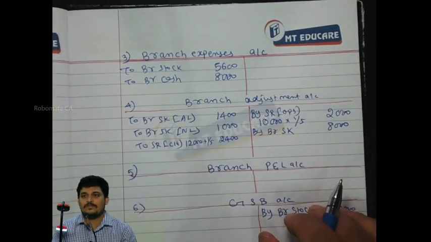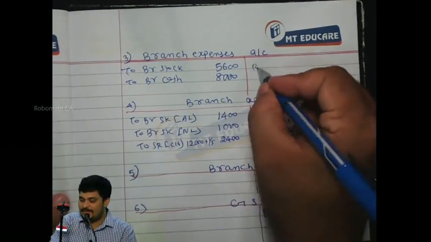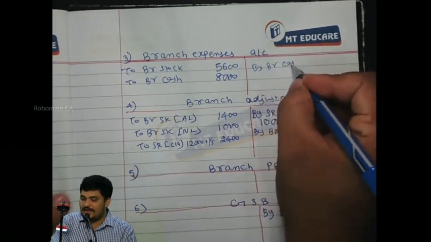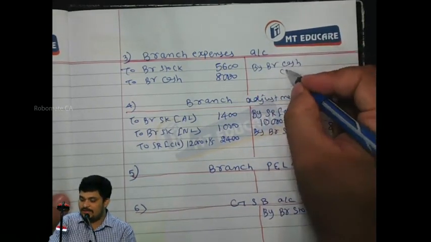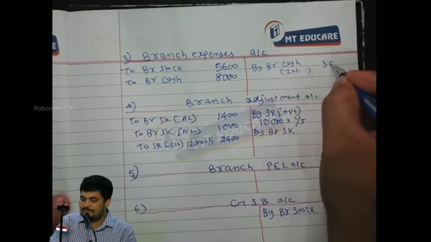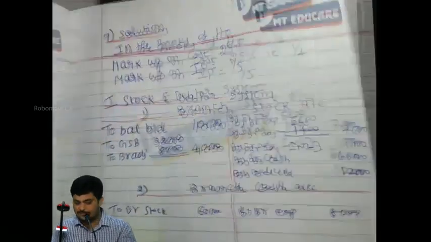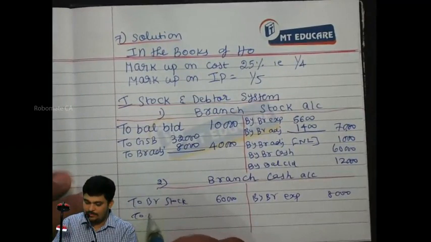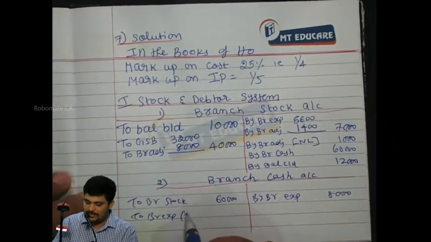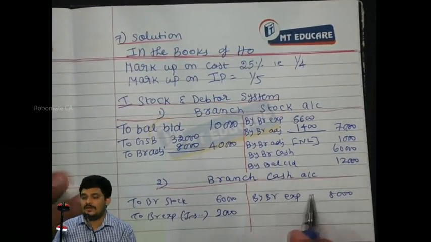Next, insurance received, by branch cash. Recovery of loss, insurance, to branch expenses, insurance, 3,000. Correct? Next.